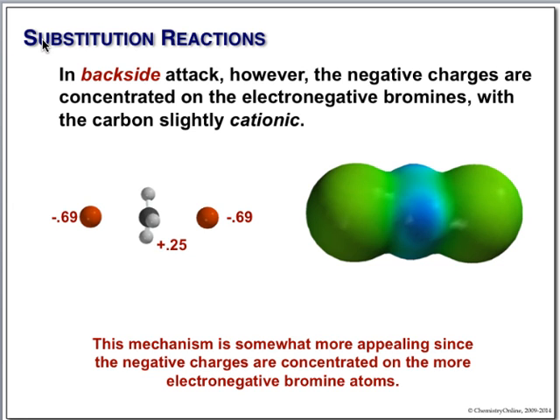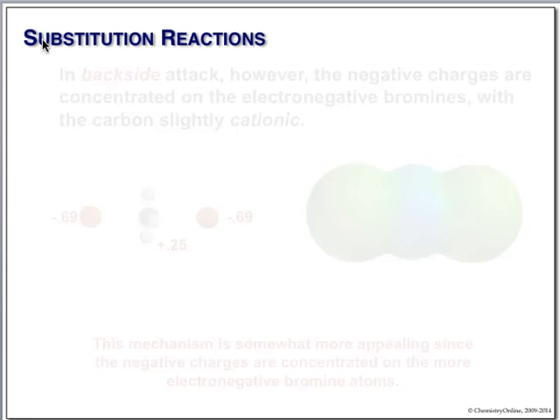Here's our carbon buried here in the middle. The electron distribution here is just much more logical, based on electronegativities and everything else. So our best guess here would be that this substitution is going to follow a nice backside displacement.